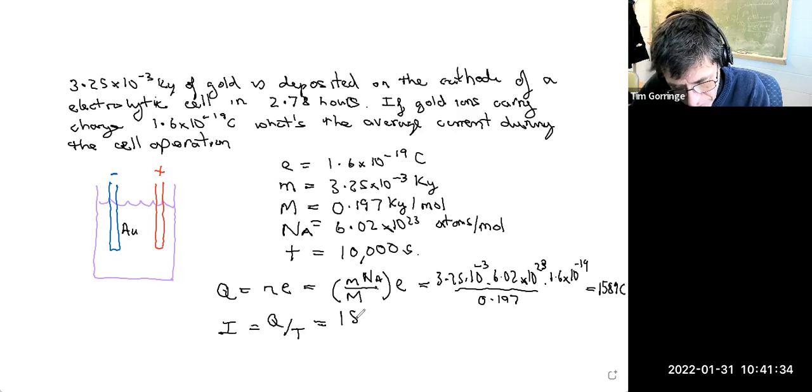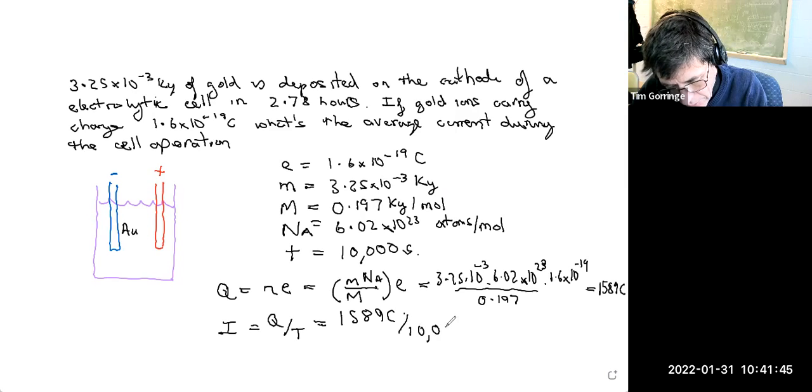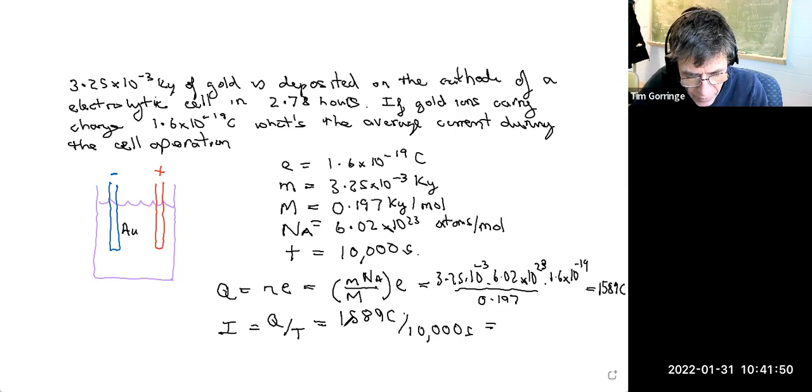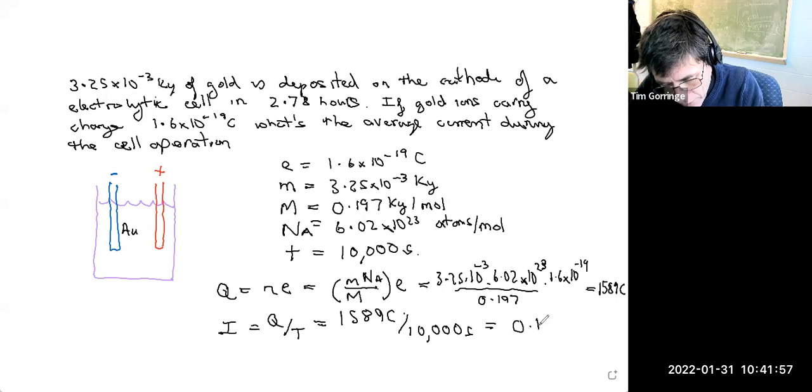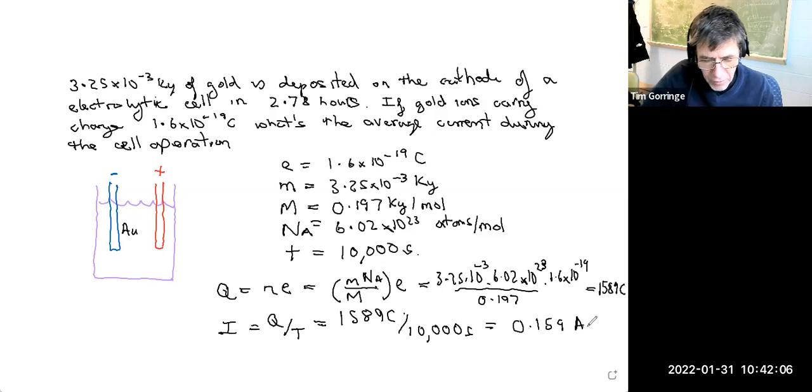It's 1,589 coulombs. And we know the time. It was 2.78 hours, that was 10,000 seconds. And so if we divide 1,589 coulombs by 10,000, we're going to get 0.159 coulombs per second, or amps. That's the unit of current.